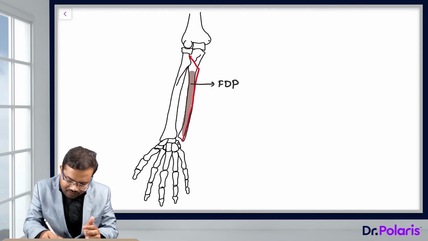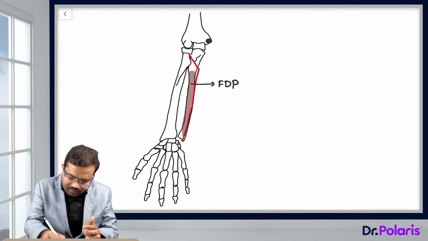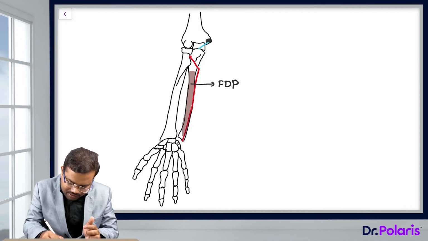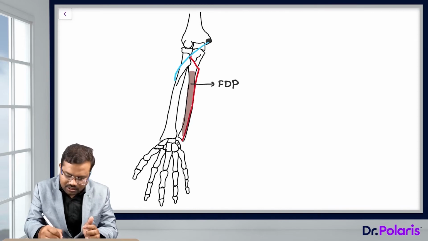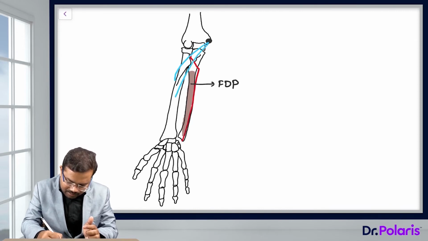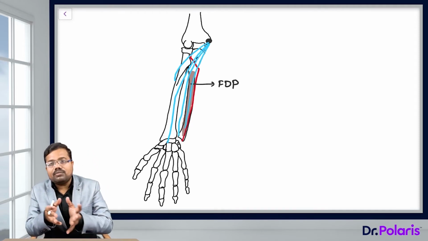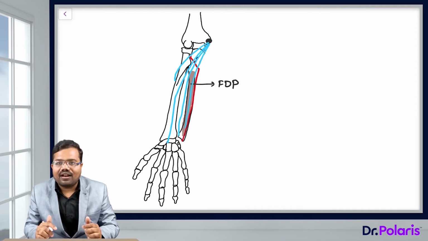So what are those superficial group of muscles? Let's see. From the medial epicondyle, I'm drawing with different colors. First is the pronator teres, which is crossing here. Then is the flexor carpi radialis. Then is palmaris longus. Then flexor carpi ulnaris. So these muscles will be running over the ulnar artery.